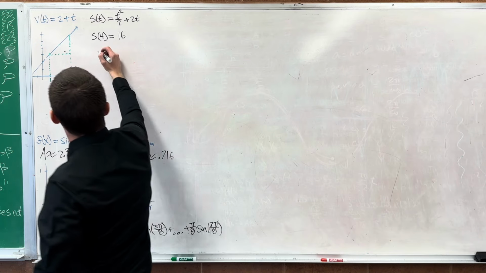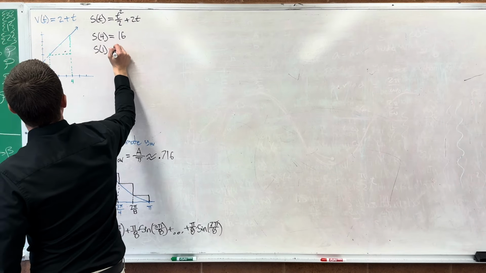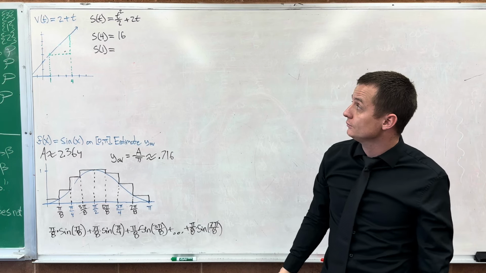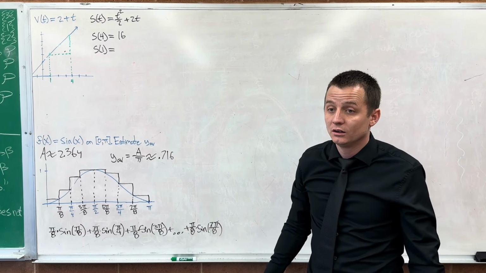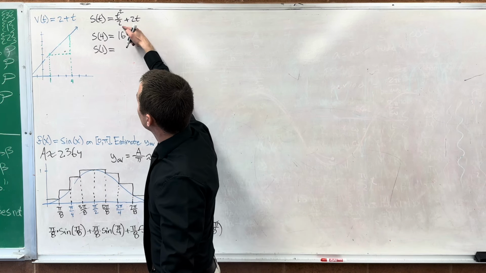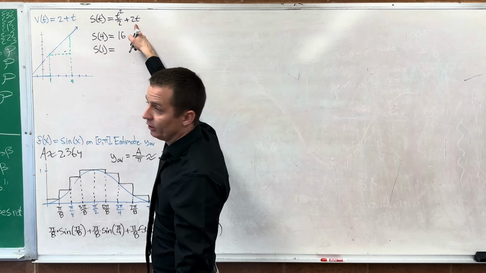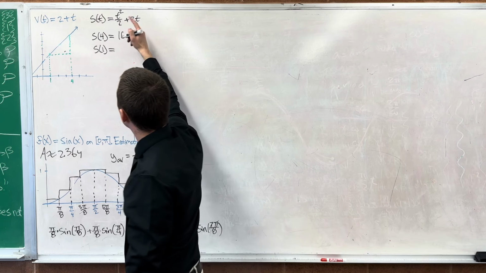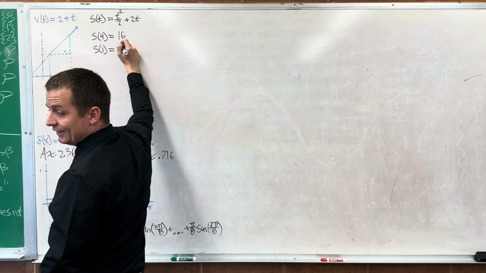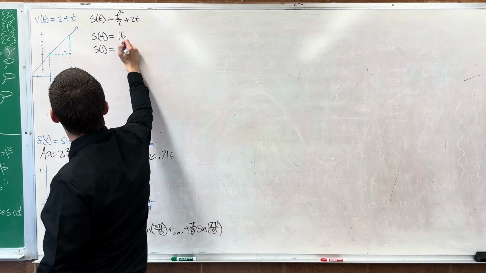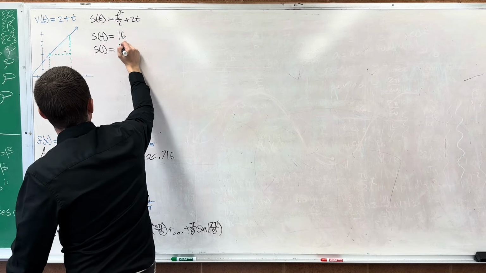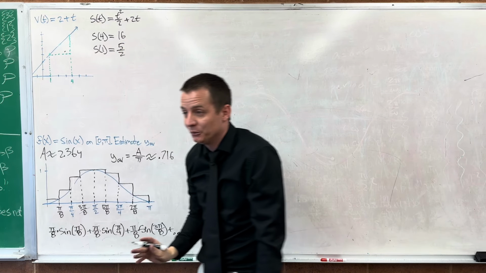What was our position after 1 second? 1 divided by 2 is a half. Plus 2 is 2.5, which is how many halves? 5 halves. 5 halves, thank you. Okay, we good?